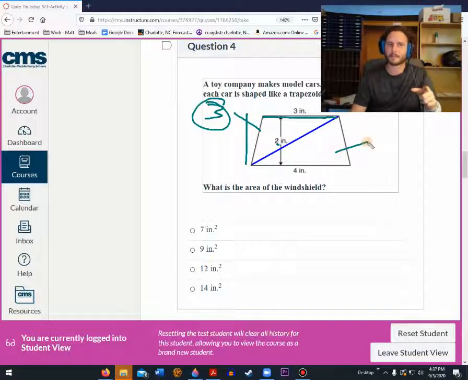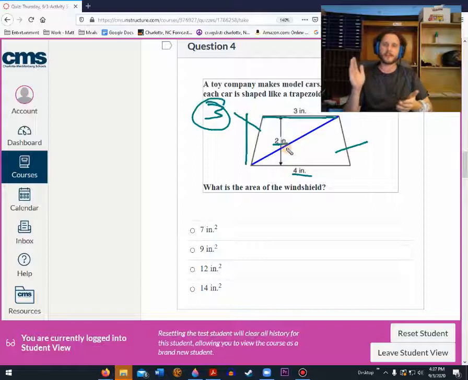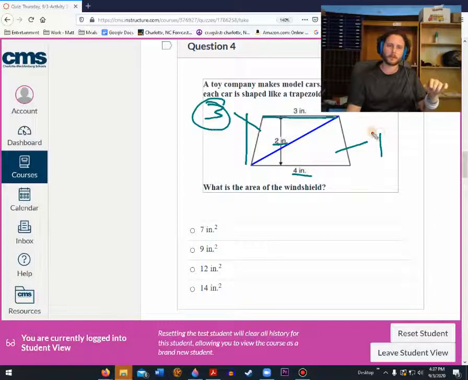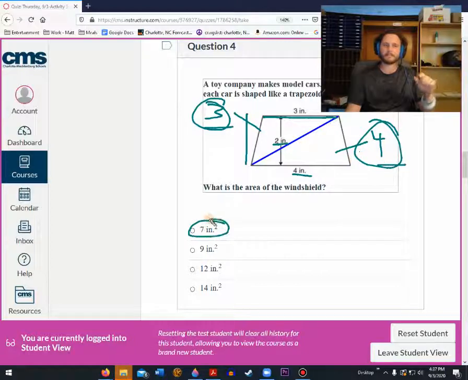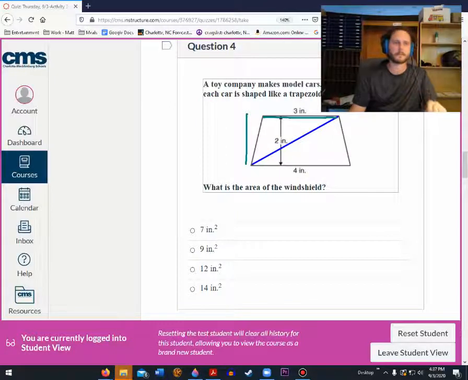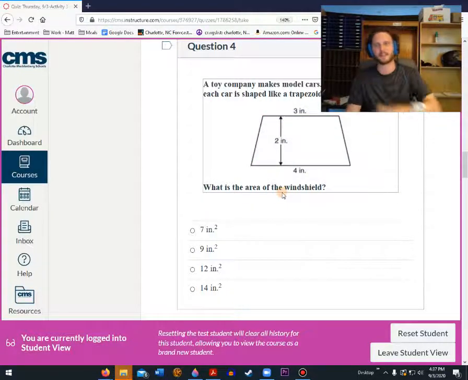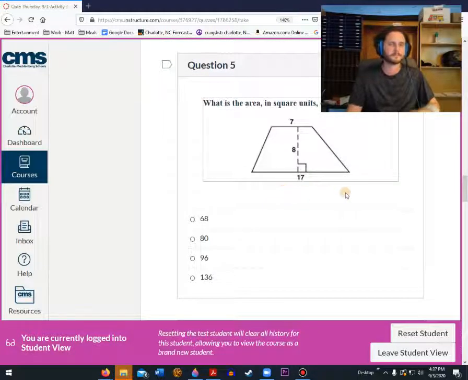The triangle down below is going to have a base of 4 and a height of, again, 2. 4 times 2 is 8, divided by 2 gives me 4. 3 plus 4 gives me 7. That's how number 4 was supposed to be done. And that's why I prefer cutting a trapezoid into 2 triangles. Less work than cutting it into 2 triangles and a rectangle.